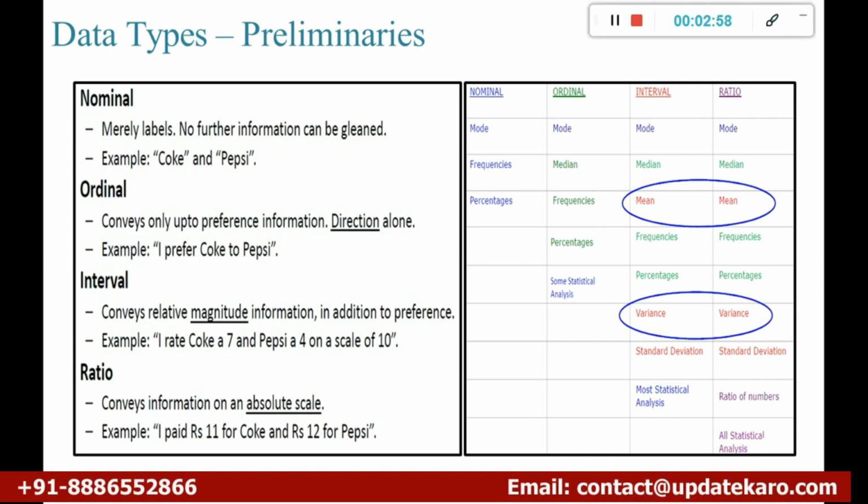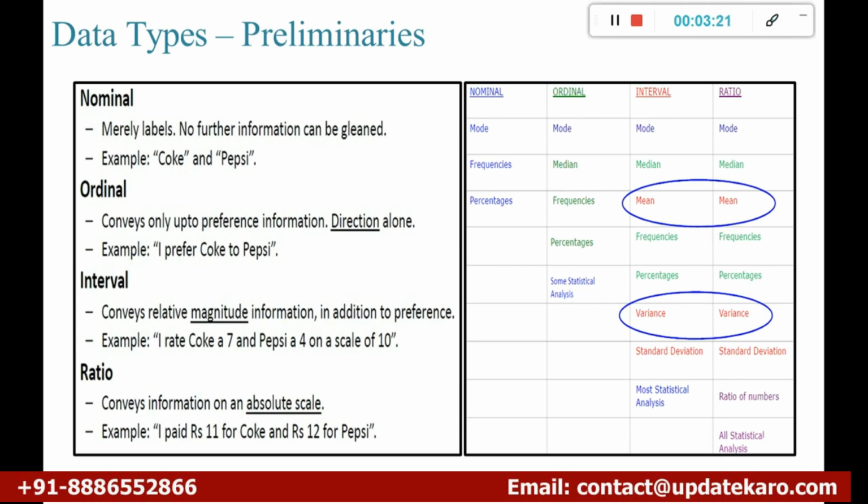When it comes to ordinal data, it conveys preference information, that is direction alone. Something like, I like Sachin Tendulkar more than Lara.